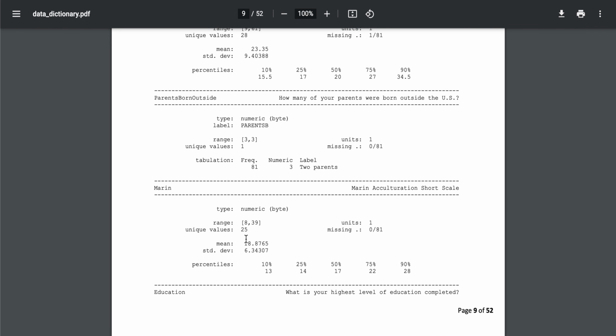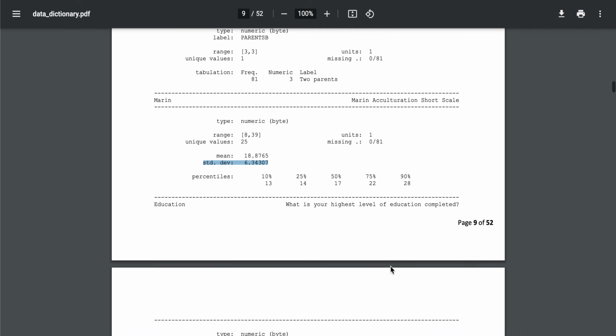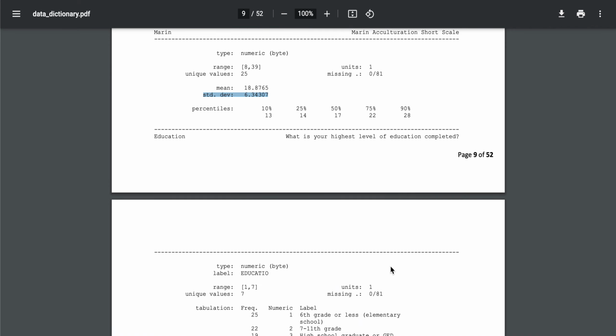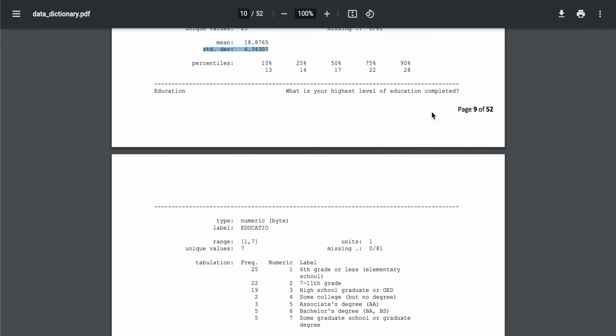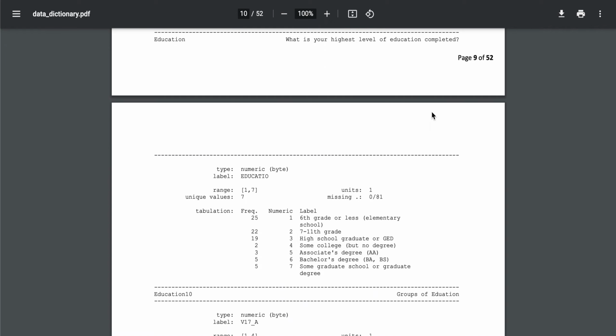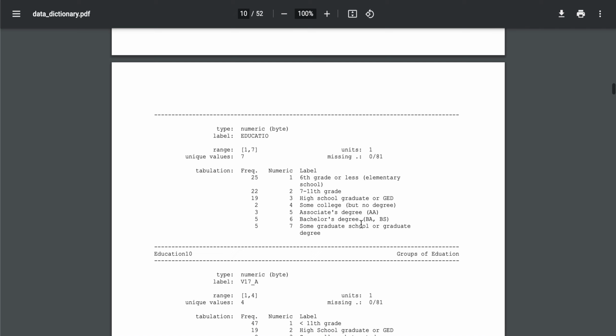The mean is 18 plus minus 16, so there's some variability. That's good. Education: what is your highest level of education completed? Okay, so you see the categories 25, 22, 2.